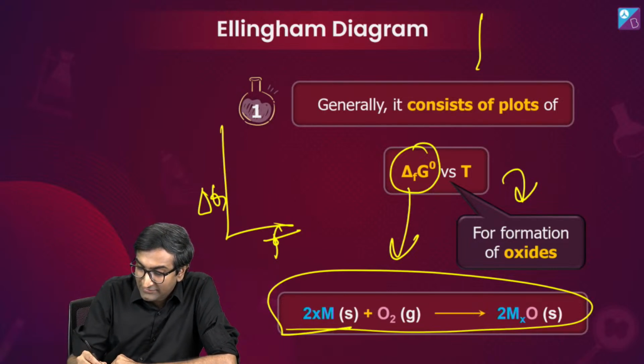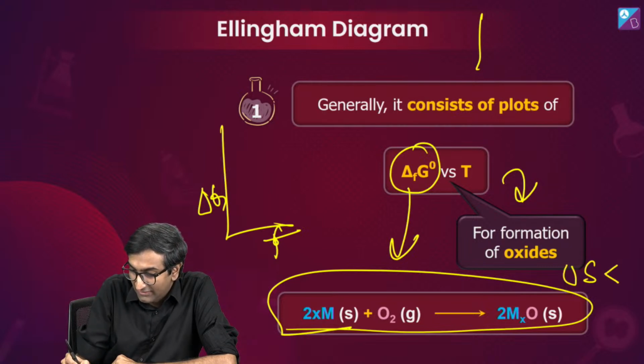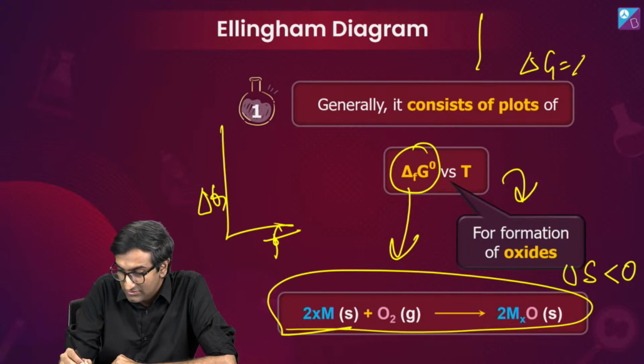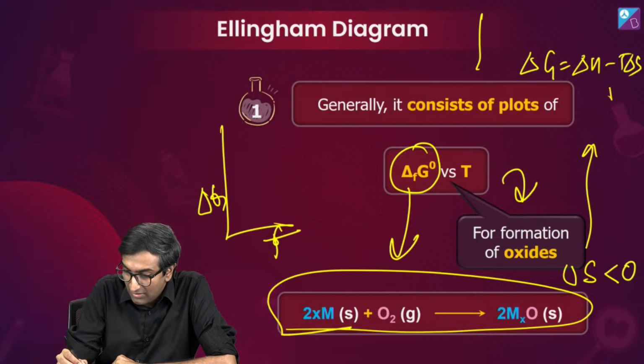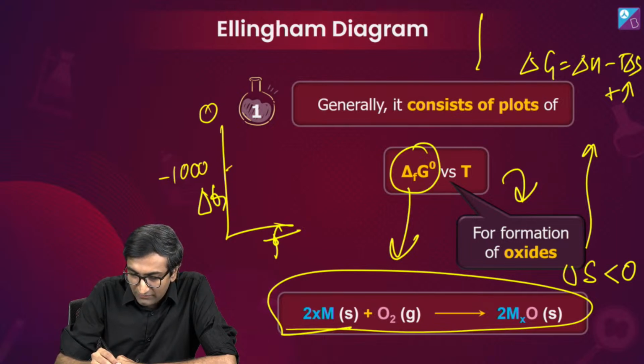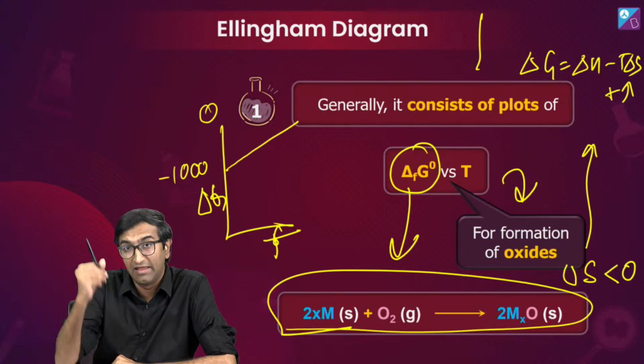Now, in this case, since there was a gas initially and finally gas नहीं है, तो मतलब delta S is negative. अगर delta S negative हुआ, तो delta G equal to delta H minus T delta S. तो अगर delta S negative हो गया, तो ये वाला positive हो जाएगा, है ना? So if that becomes positive, यानी कि अगर delta G कुछ यहाँ पे 0 है, तो this is negative say 1000. So अगर यहाँ पे है, तो ये इसकी value बढ़ती जाएगी, ऊपर जाएगी.